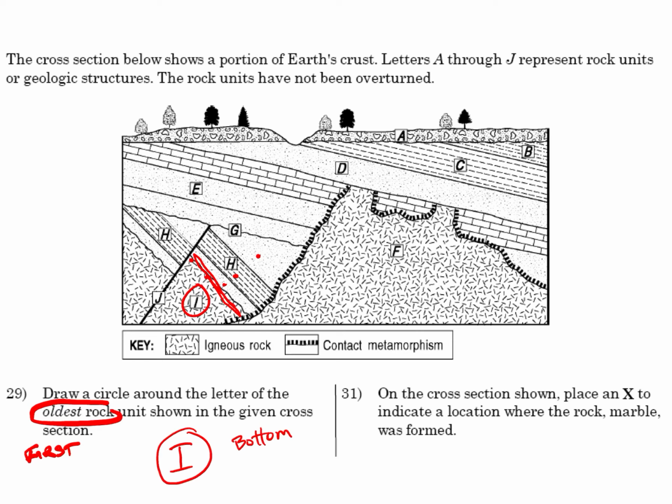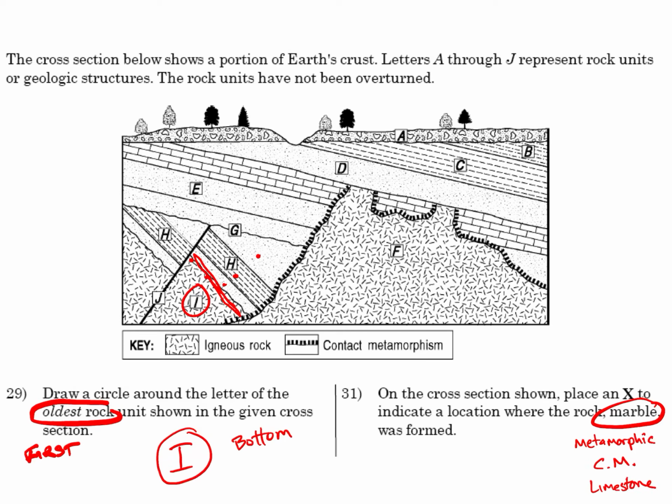Okay, next, 31. On the cross section shown, place an X to indicate the location of where the rock marble was formed. We have answered questions like this in the past. You should remember that marble is a metamorphic rock, and metamorphic rocks have to be located on the contact metamorphism dash lines. If you look up marble, marble comes from limestone.